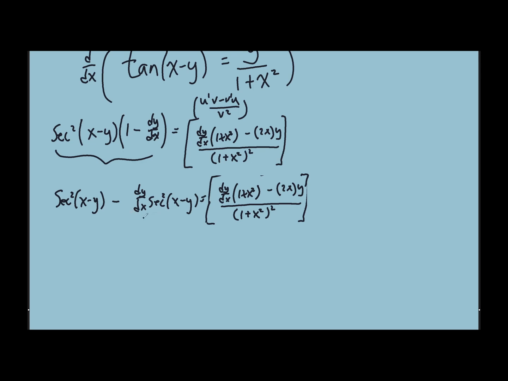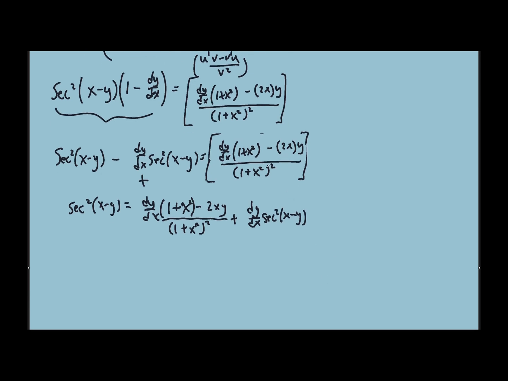So we'll add this guy, and we'll get secant squared (x minus y) equals dy dx (1 plus x squared) minus 2xy over the (1 plus x squared) squared plus dy dx secant squared (x minus y).